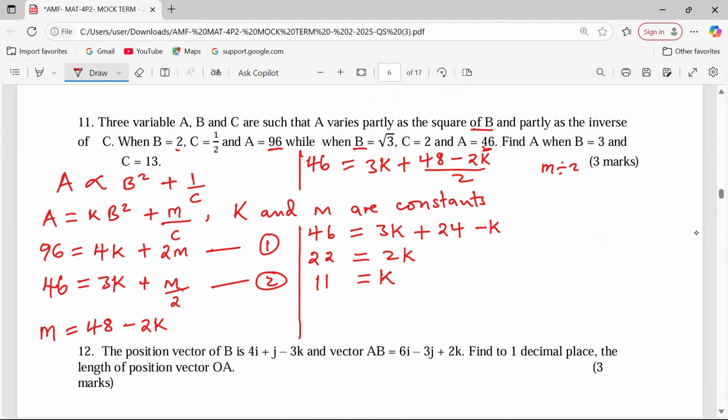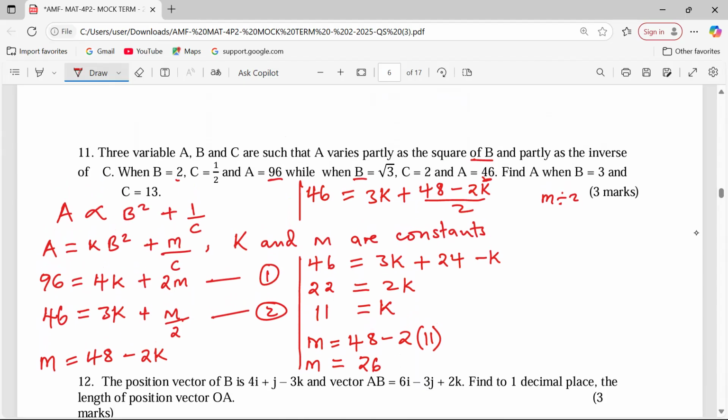With the value of k as 11, the value of m shall be given as 48 minus 2 into 11. So m becomes 48 minus 22, which is 26. So we have the two constants now.